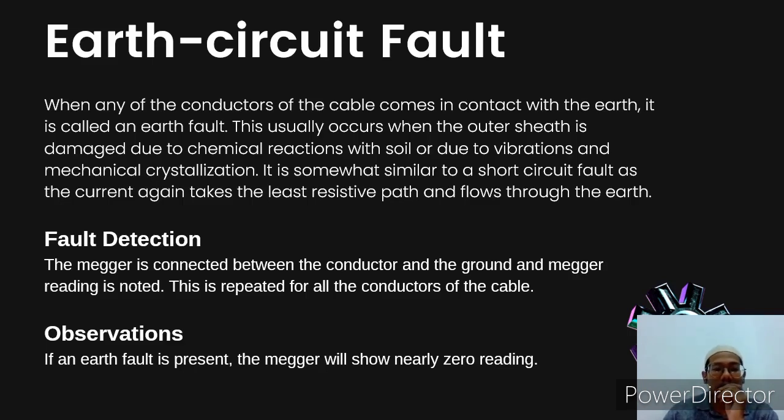So how we can detect the fault is when the megger is connected between the conductor and the ground, and the megger reading is noted. So how we observe it, if the megger shows a nearly zero reading, then the earth fault is present.